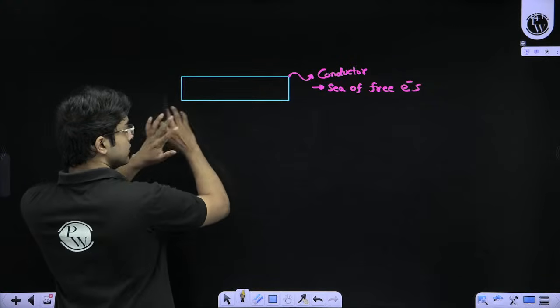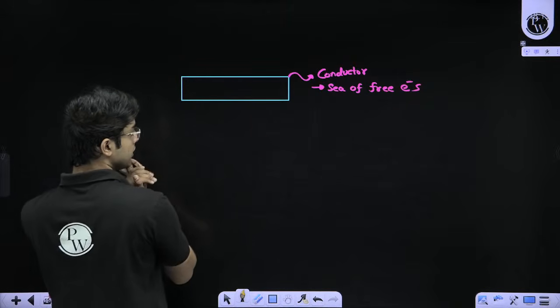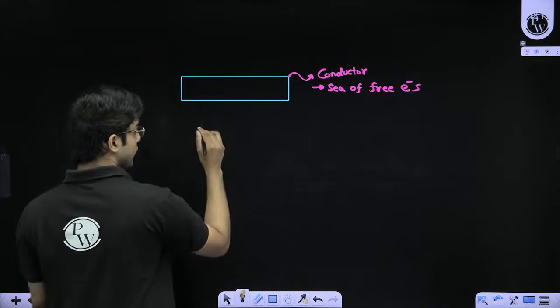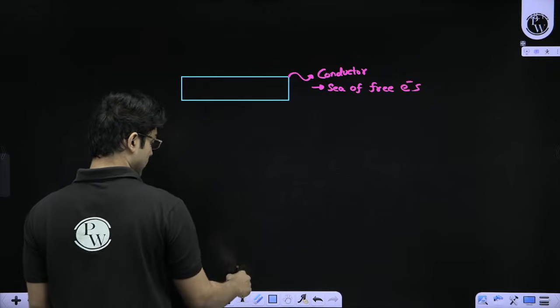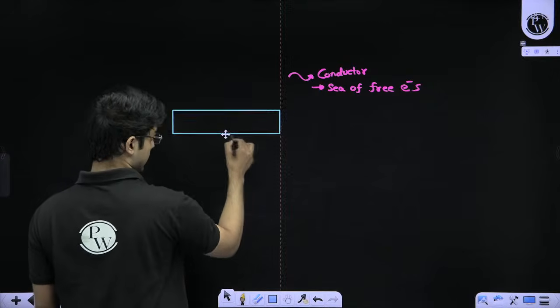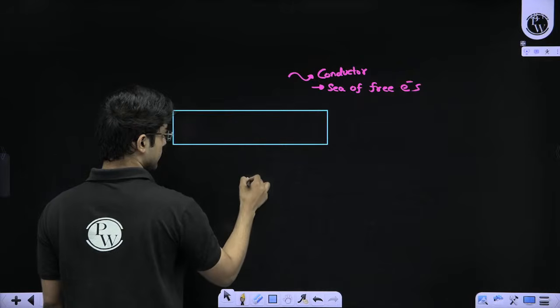When there is no electric field present, we need to understand how an electron moves inside the conductor. Okay, so I'll just zoom this.